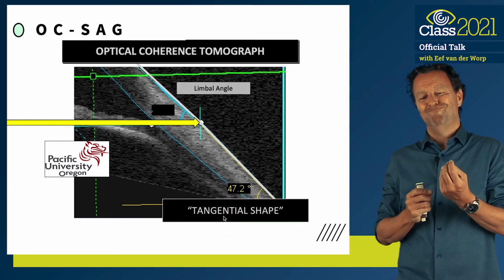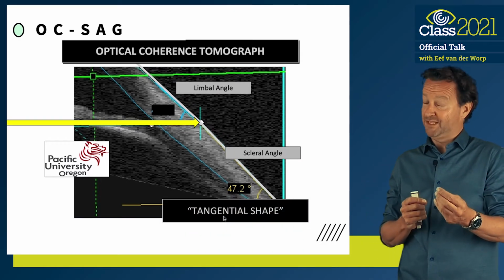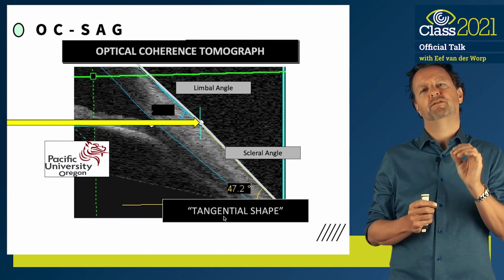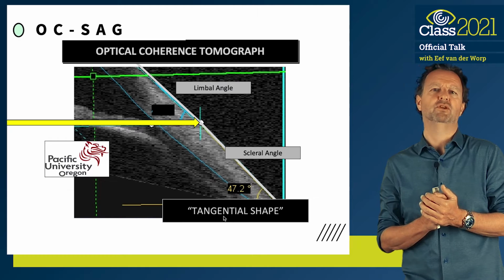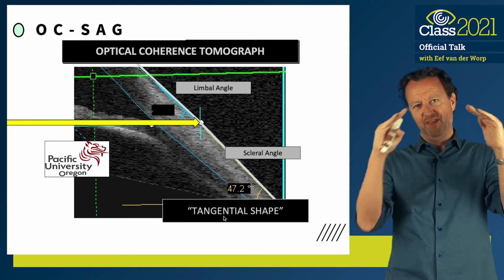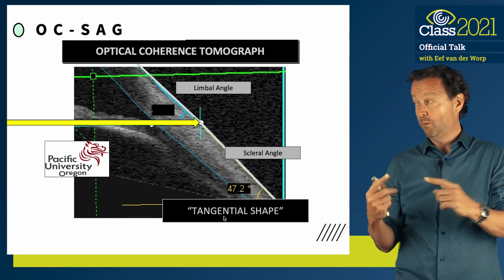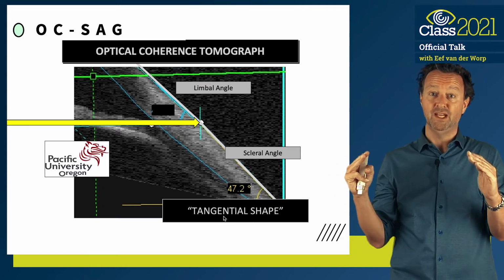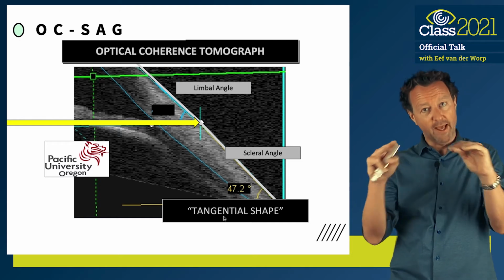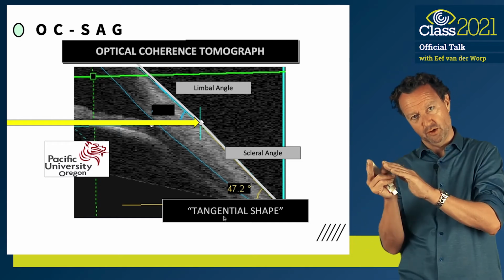To make it, well, not even more complex, in fact simpler: the recent studies we've done in the last 10 years at Pacific University looked at that transition from cornea to sclera, and what we found is that more often than not it's actually a straight line. It's a tangent, not a marked transition from cornea to sclera.